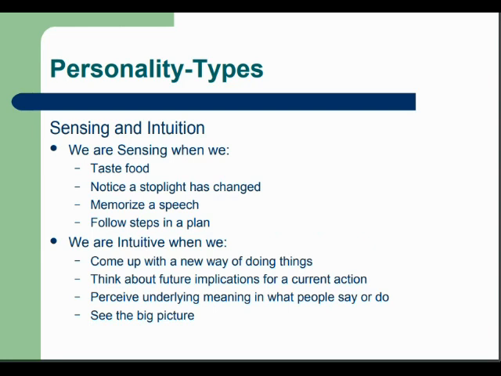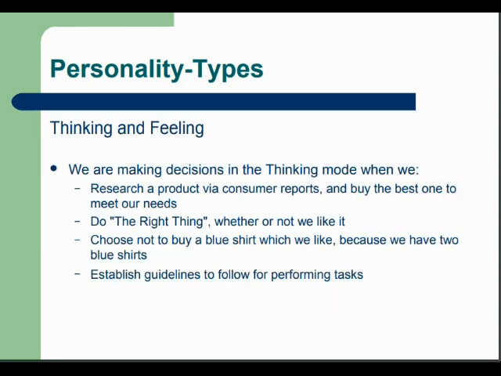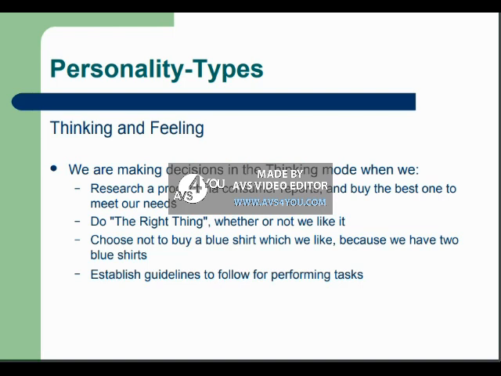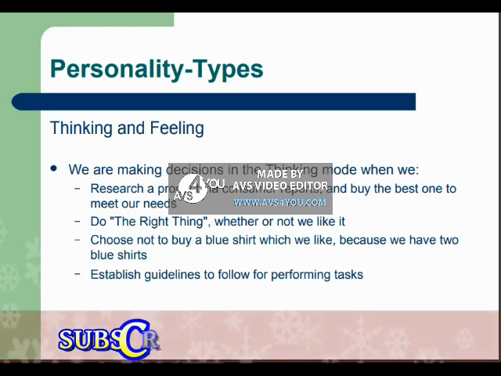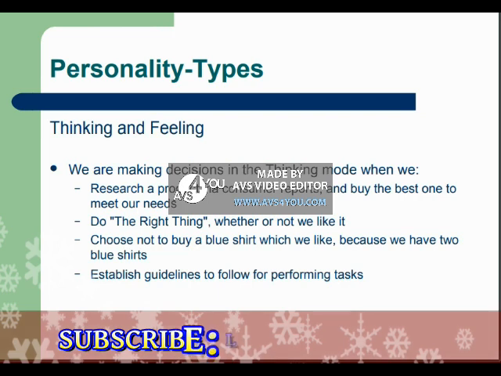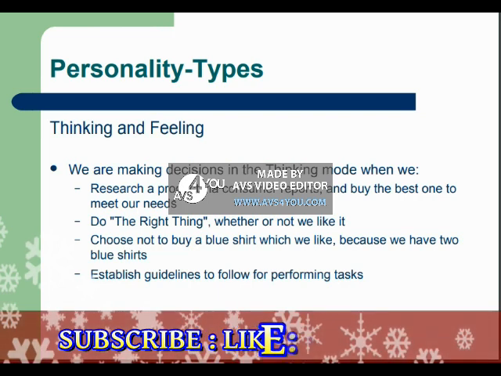Personality types. Thinking and feeling. We are making decisions in the thinking mode when we research a product via consumer reports and buy the best one to meet our needs, do the right thing whether or not we like it, choose not to buy a blue shirt which we like because we have two blue shirts, establish guidelines to follow for performing tasks.